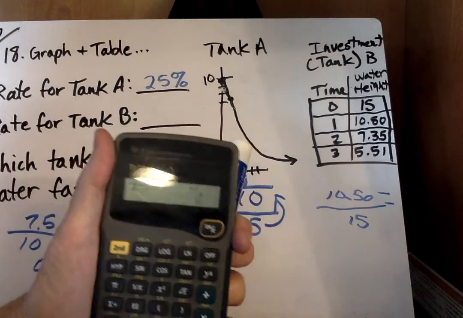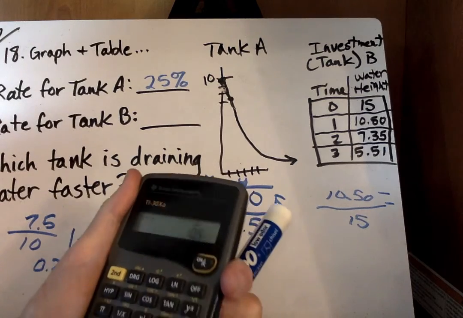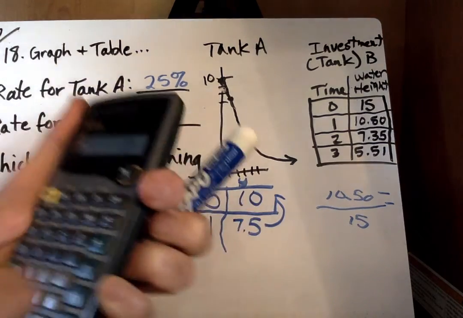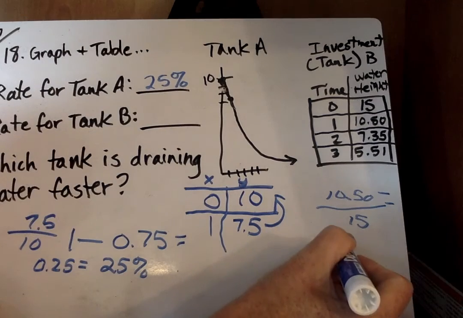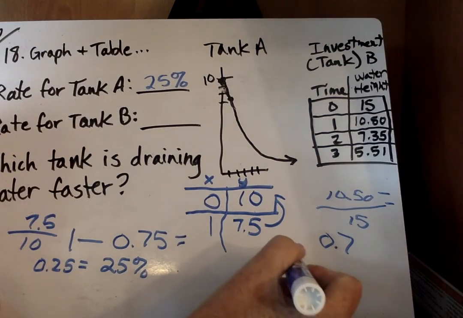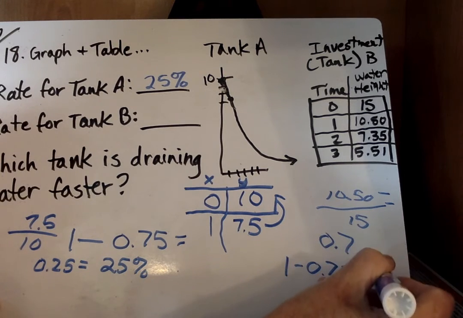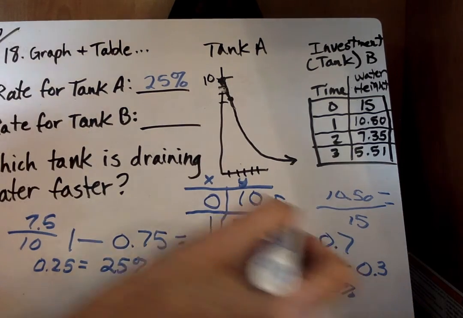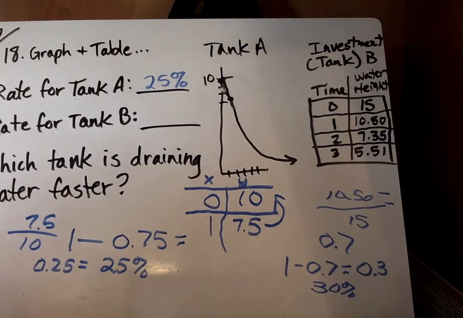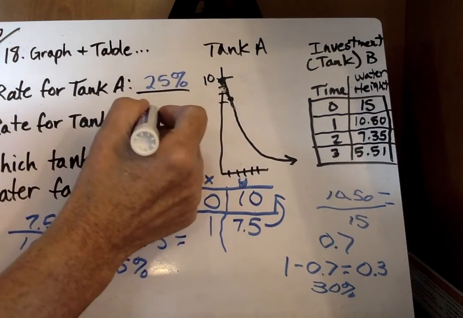Handy dandy calculator, 10.5 divided by 15. Okay, I've got 0.7. Now our rate is 1 minus 0.7, 0.3. Change that to a percent and it's 30%. So that is the rate for draining tank B.